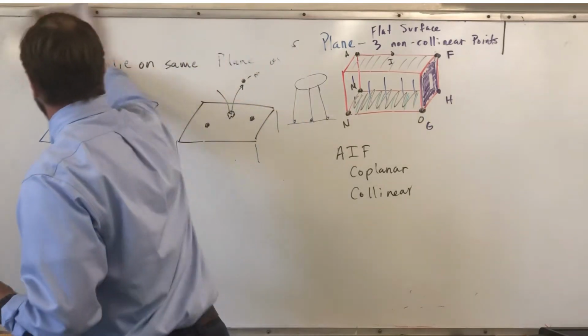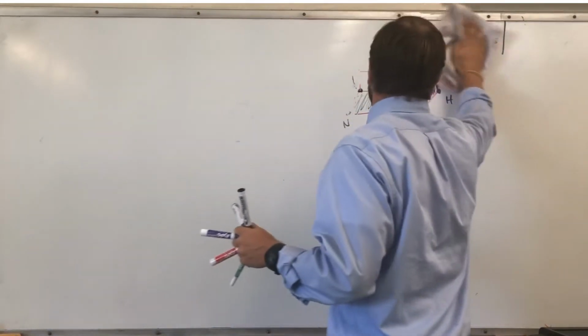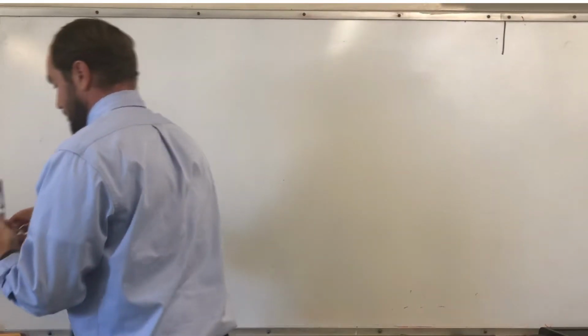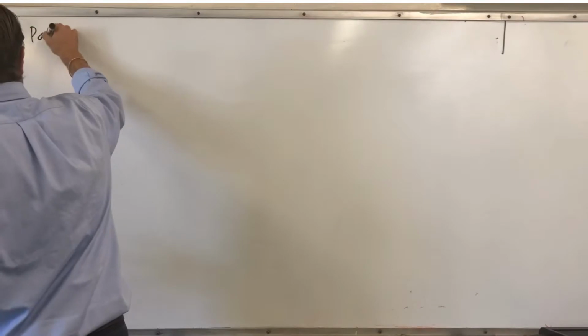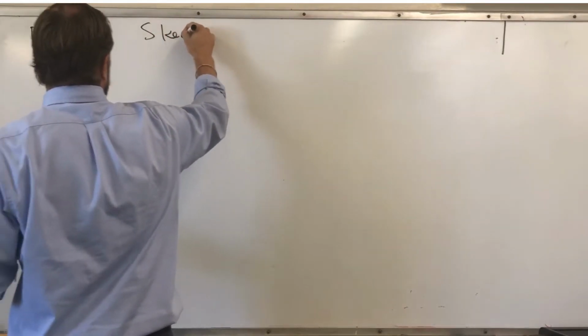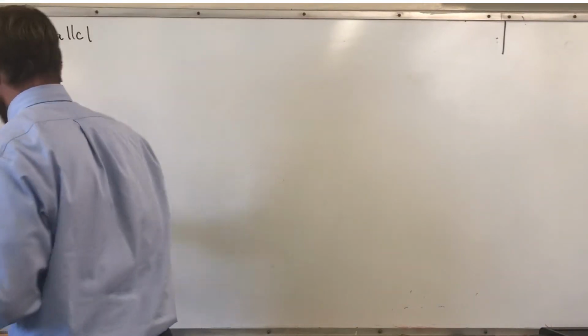The next thing we want to talk about real quick, because we're talking about surfaces, we're talking about planes, is this idea of parallel and skew. And then we want to add perpendicular to that.